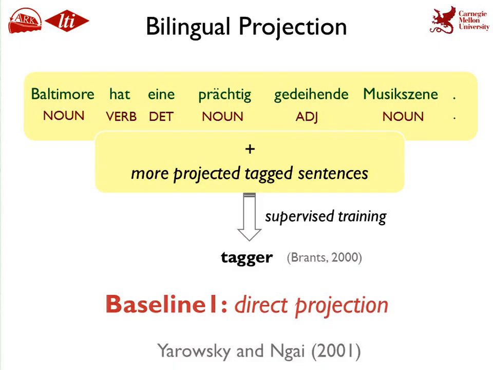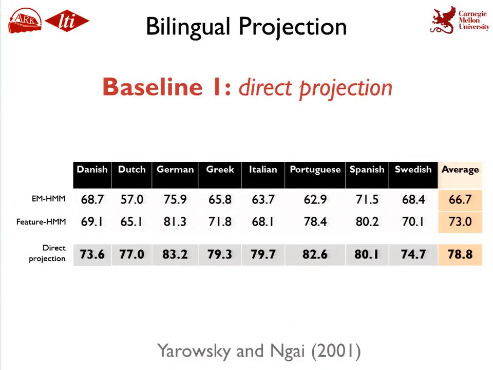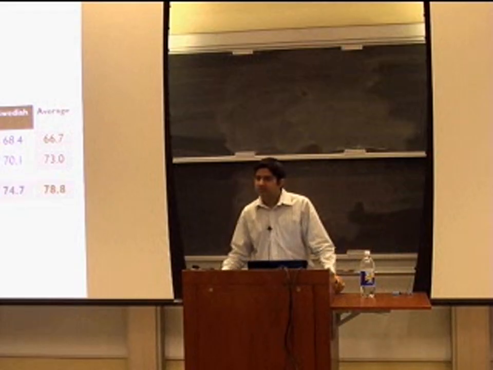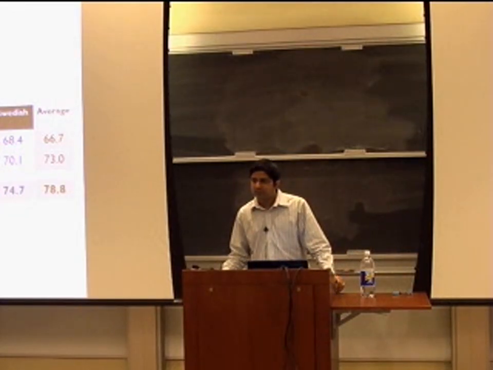And when we did that for our set of languages, this resulted in even better accuracies than the feature HMM model, which says that projection can give you, on an average, nearly 6% improvement over an unsupervised baseline.